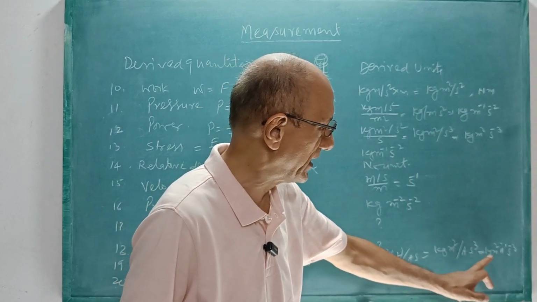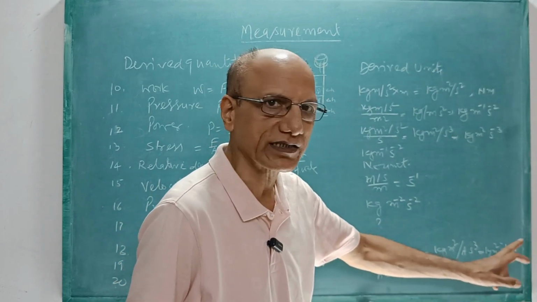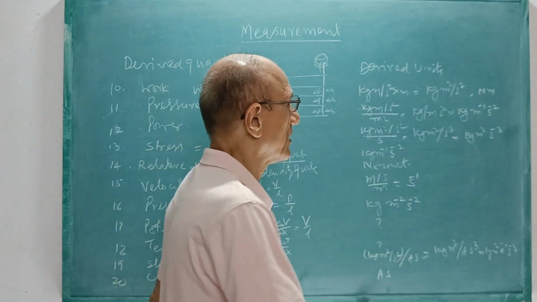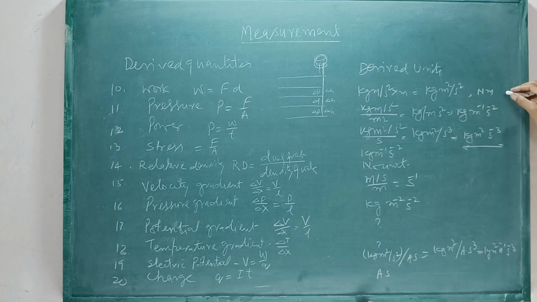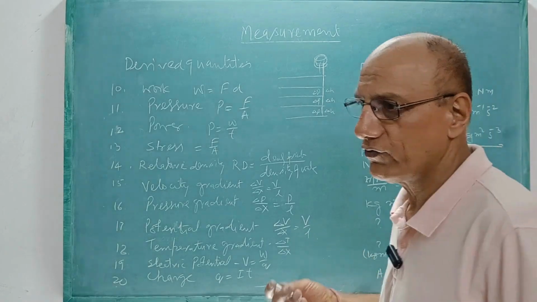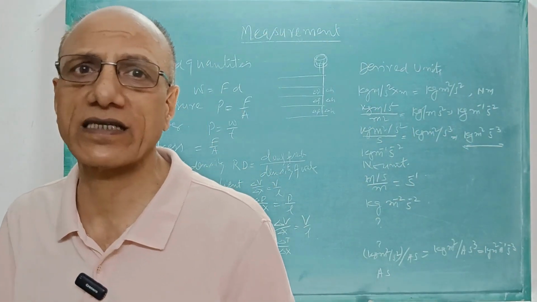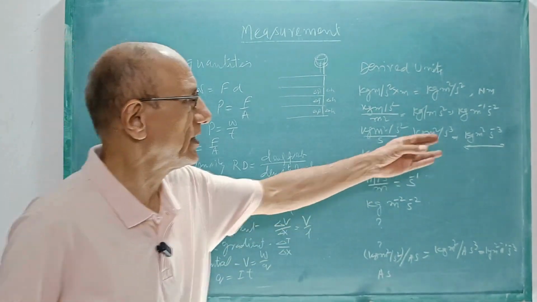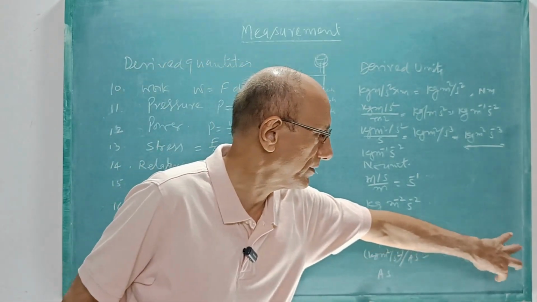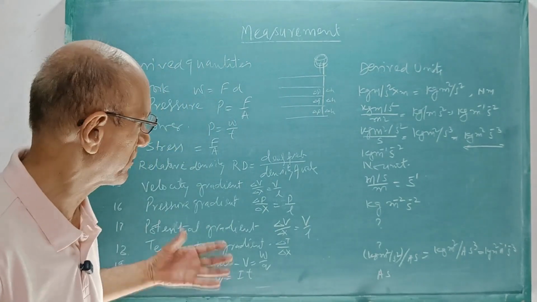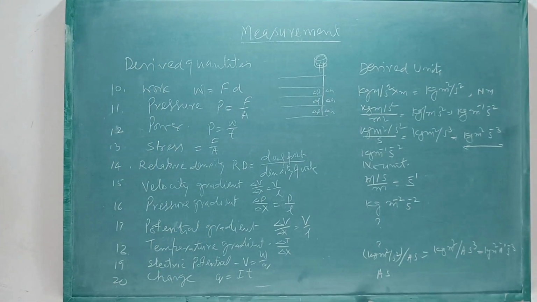So you can write it kg meter square A minus 1 second minus 3. You just practice writing units in this form so that while you will be discussing dimension analysis, these will be very helpful to you. So you can adopt this way to express these quantities.